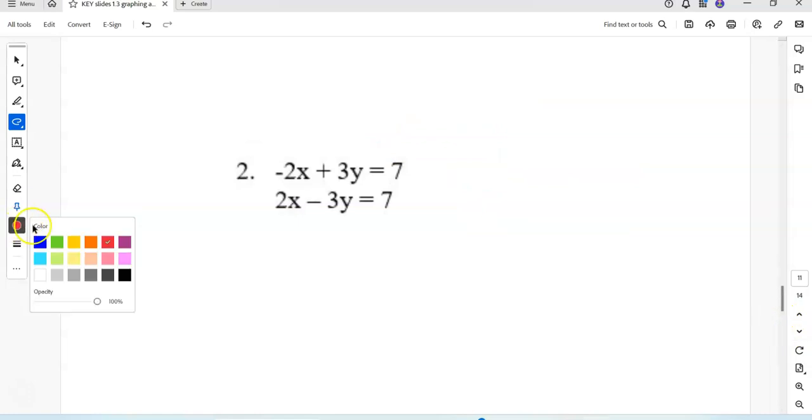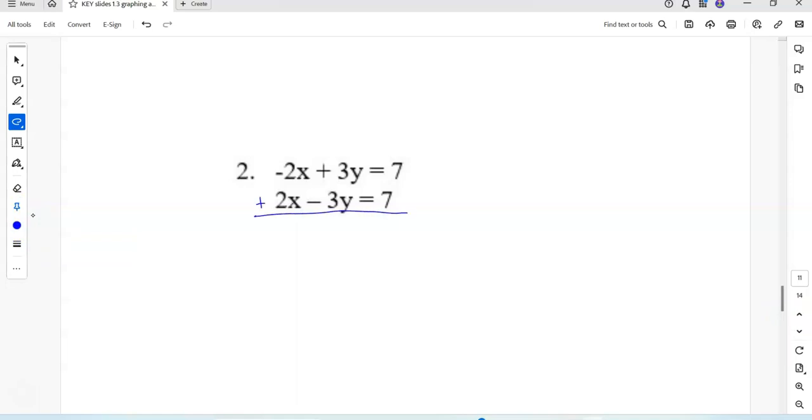Let's try this example. If I look at this example, this time I don't even have to rename the equations because look what already happens to my x's and my y's. They both cancel out. So I get 0 equals, you know what, let's pretend this was a -7 for a moment, okay? So that gives me 0 equals 0. This is a true statement.